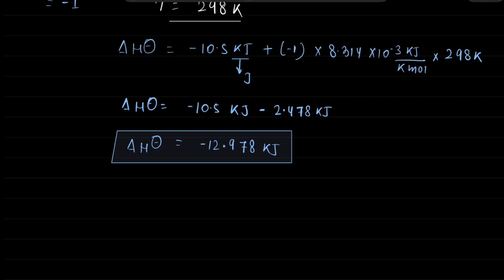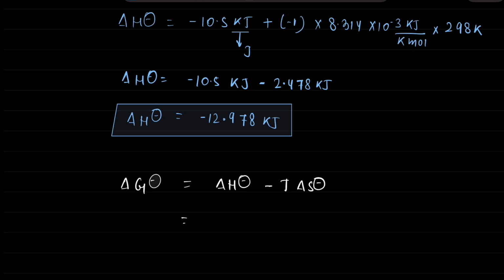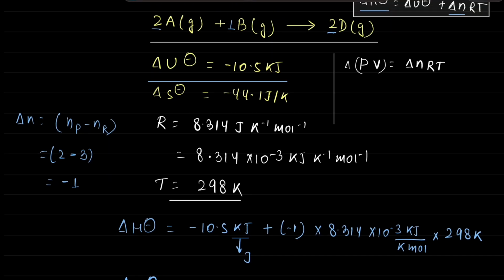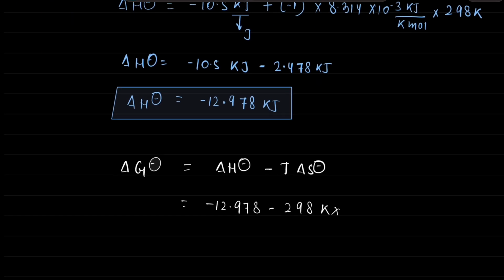So here we can write delta G naught is equal to delta H naught minus T delta S naught. The delta H value is minus 12.978, minus temperature 298 Kelvin, and the change in entropy is given as minus 44.1 joule per Kelvin.